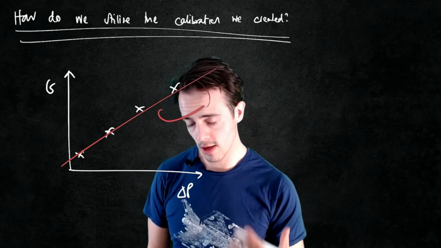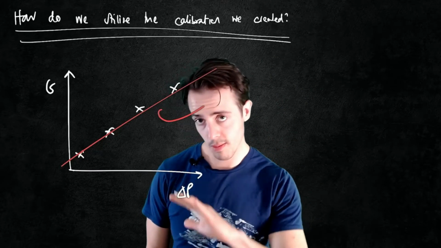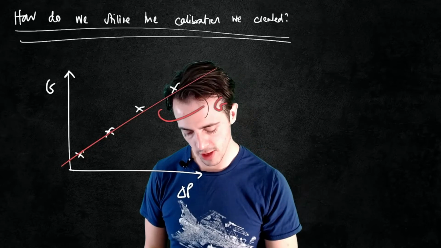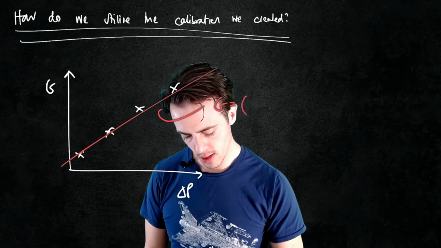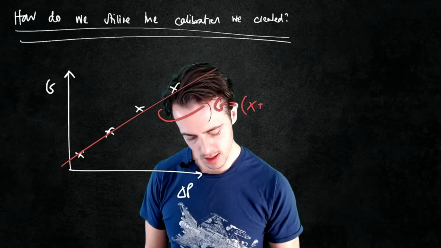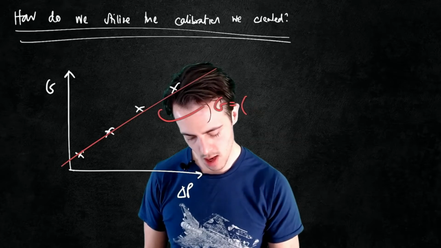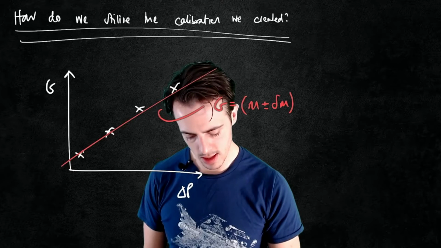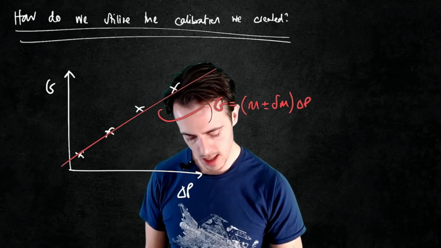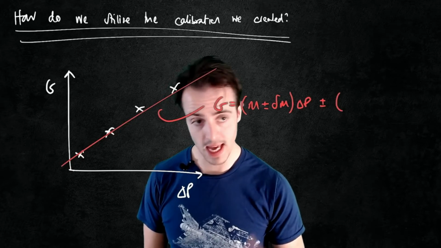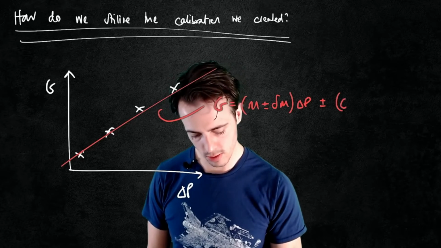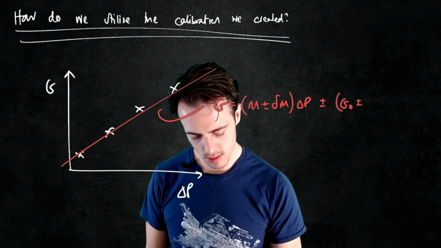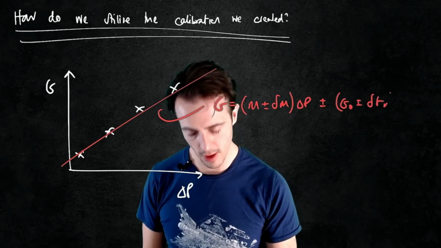Now your equation for your line of best fit should be something involving uncertainty, so we should have gain is equal to some really small number, let's call it m, plus or minus the uncertainty, delta m, plus or minus the intercept, which we'll call, let's say it's called g0, plus or minus delta g0.